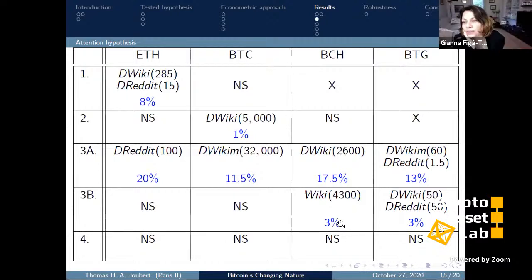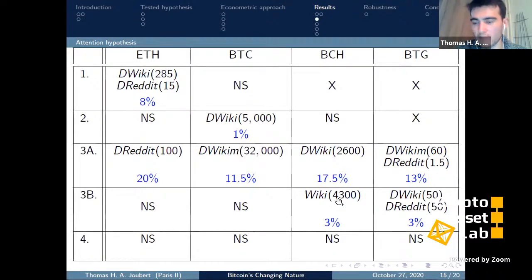So here we read that the 4,300 are the number of views on Wikipedia during that period, and then they explain 3%. This is what is required to explain a 1% change. Okay, thank you. Now it's more clear. Thank you very much.